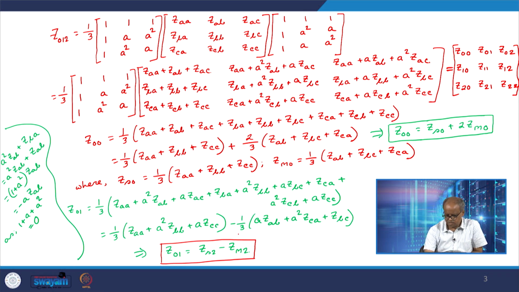So this is ZM2, and this quantity is ZS2. And so this is Z01.